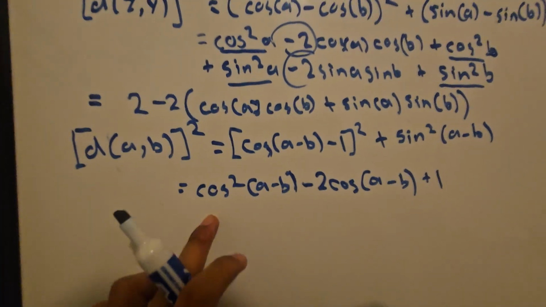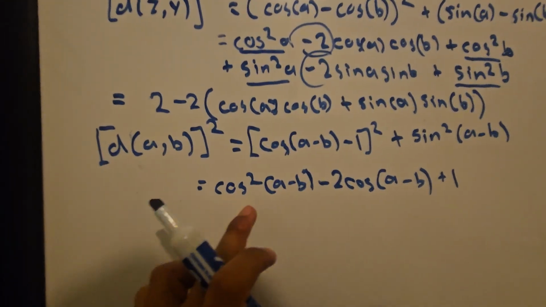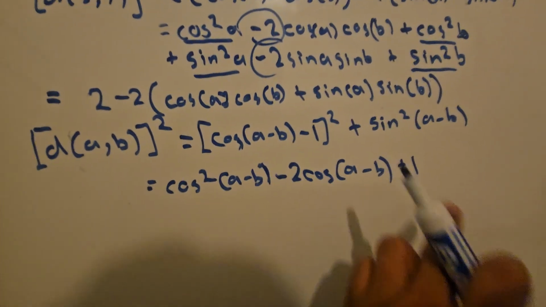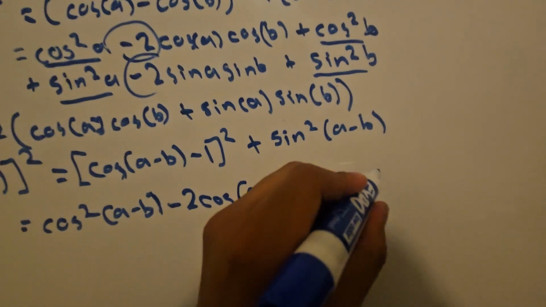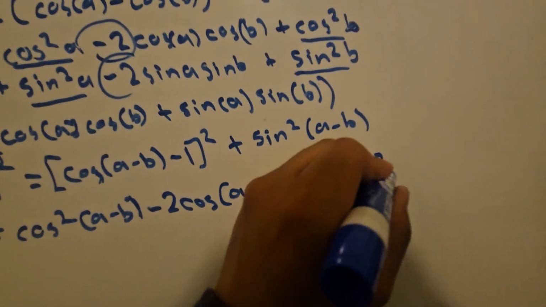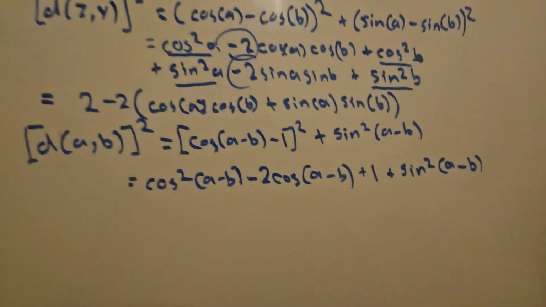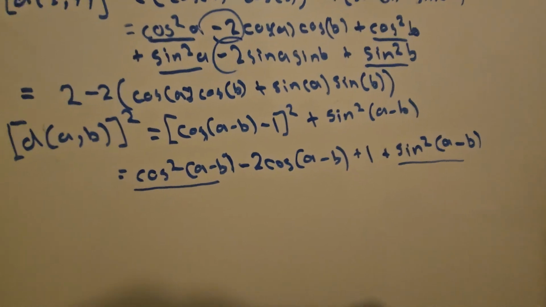All right, if I did it correctly, when you FOIL this, it's going to be cos squared A minus B minus 2 cosine A minus B plus 1. And then don't forget the plus sine squared A minus B. So let's combine this one and this one together.